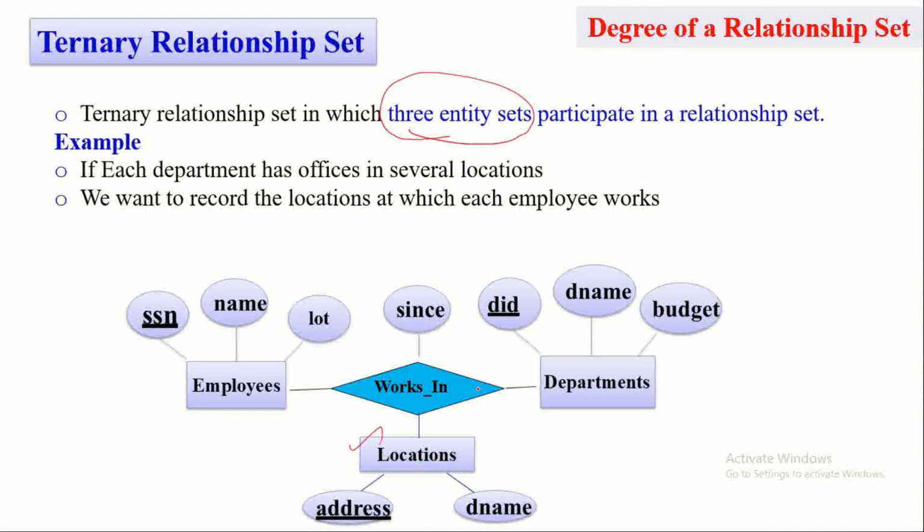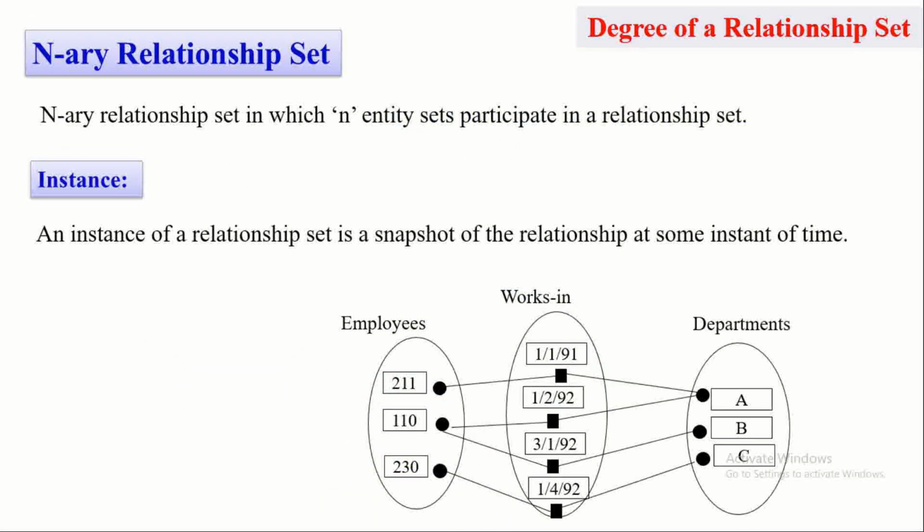Here you can observe that the relationship set associates three entity sets. That's why it is given as an example of a ternary relationship set. Like this, we can classify a relationship set as an n-ary relationship set if n entity sets participate in it.